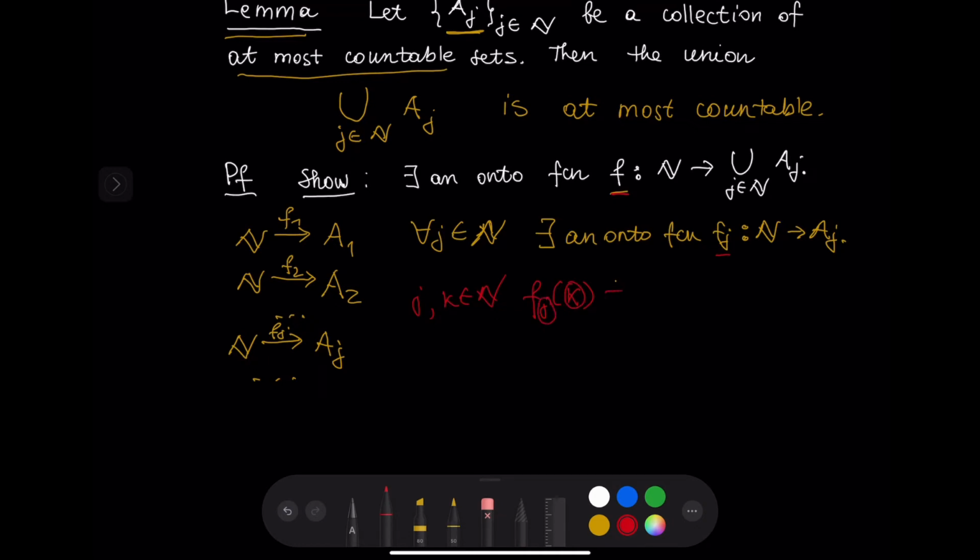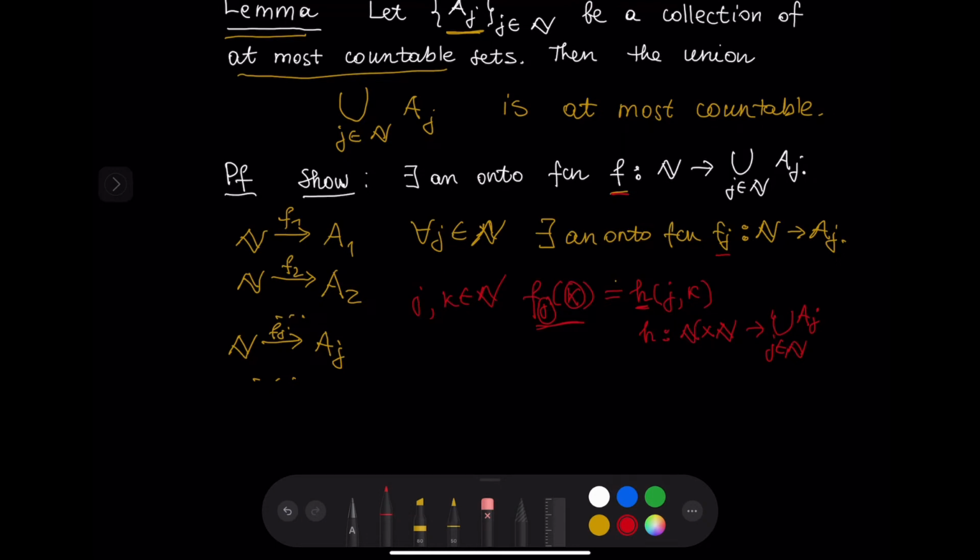So we can define a function that depends on two variables, j and k, and the value of this function h is going to be fj at k. And how is that helpful? Well, this function h is defined on the set N cross N, so on the Cartesian product N cross N, and it acts into the union of all of the sets Aj.